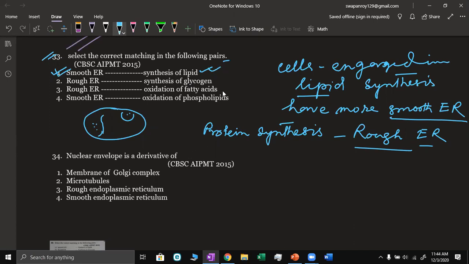The synthesis of glycogen is carbohydrate synthesis, which is not with the endoplasmic reticulum.